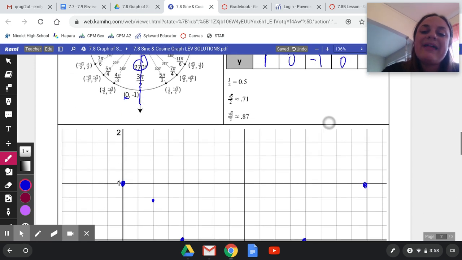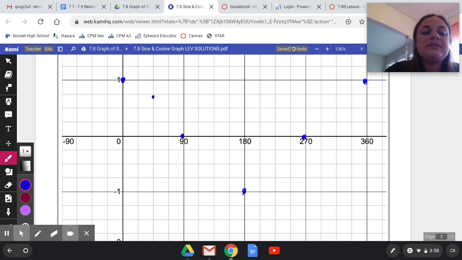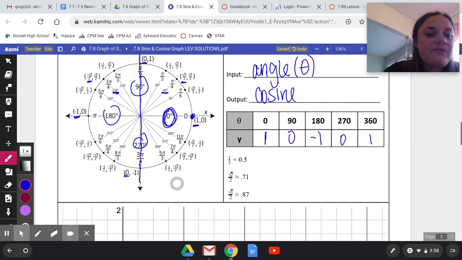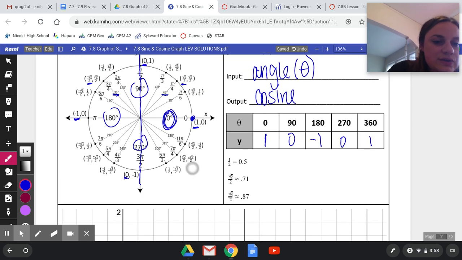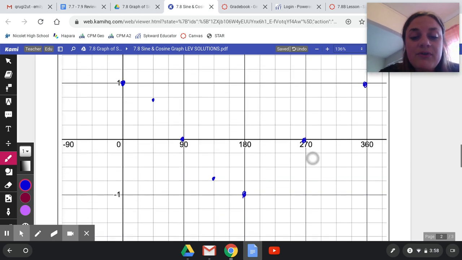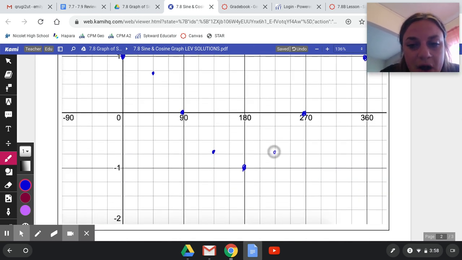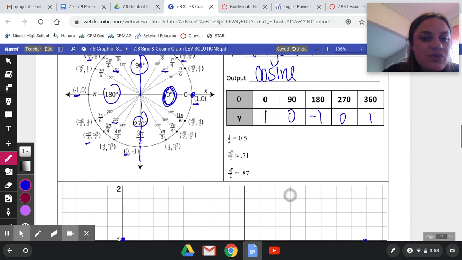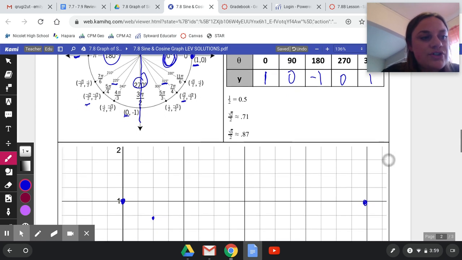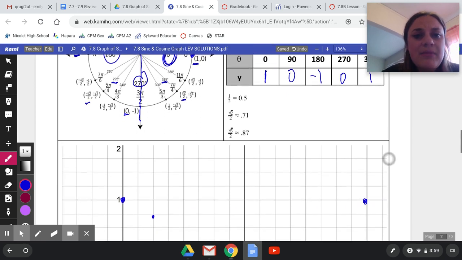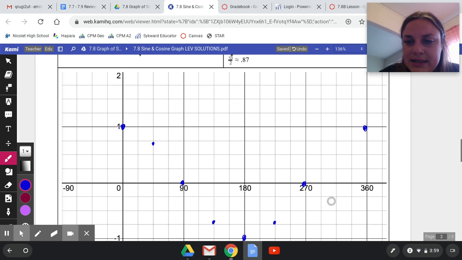So I'm going to plot that as my output. I'm at -0.7 away from that pole. Halfway between 180 and 270 is 225. What's my x-coordinate there? Once again, -√2/2 or -0.7. And halfway between 270 and 360 is 315, where my x-coordinate is √2/2, the positive 0.7 right here.